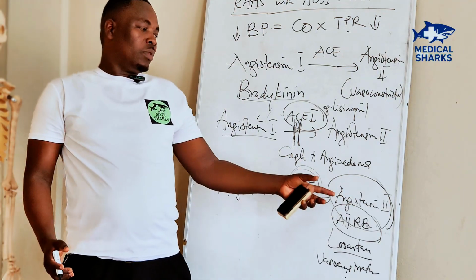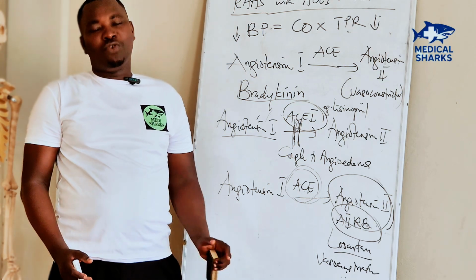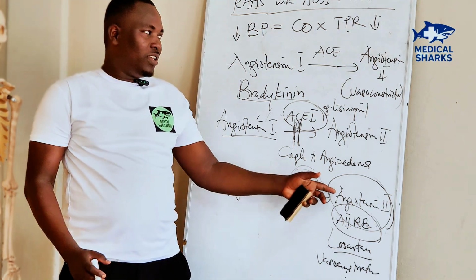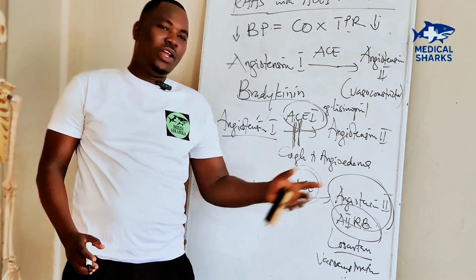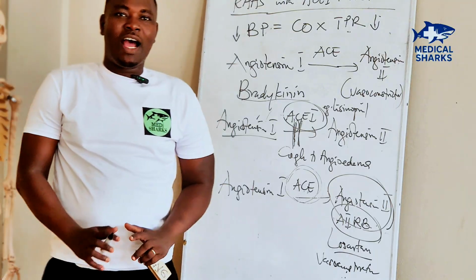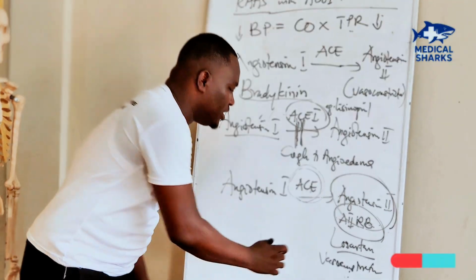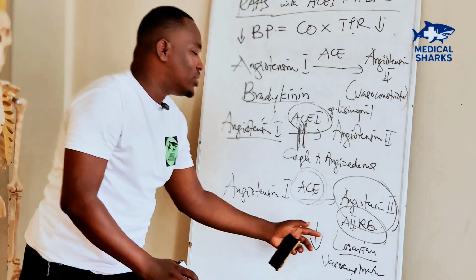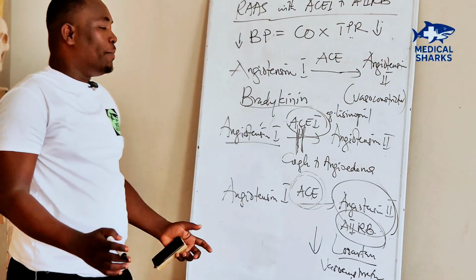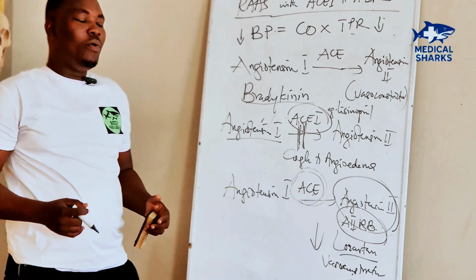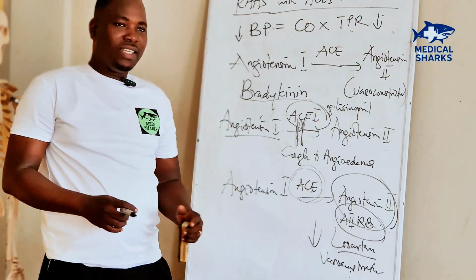Meaning this vasoconstrictor, constricting the vessel to increase the BP, cannot do any work again because the receptor has been blocked. Hence the patient's blood pressure can still drop when we use losartan. Likewise, the patient will not cough when we use losartan.